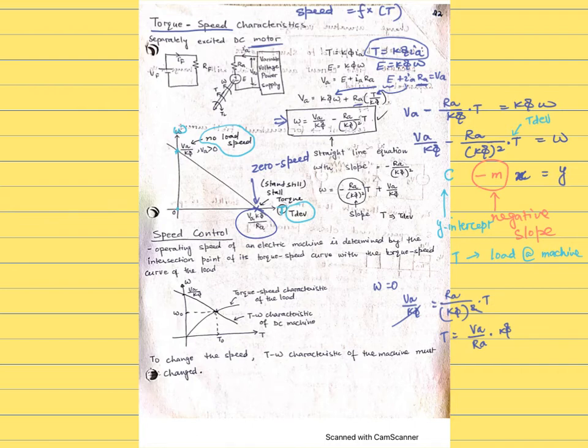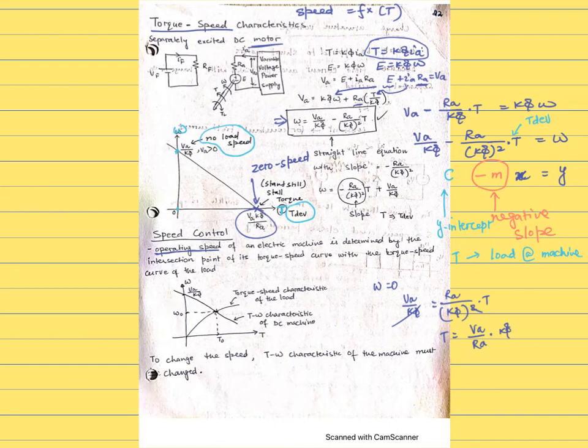And there we are at the speed control actually. So what is speed control? This was the torque speed characteristics. How is the operating speed decided? The operating speed of an electrical machine is determined by the intersection point of its torque speed curve and the torque speed curve of the load.